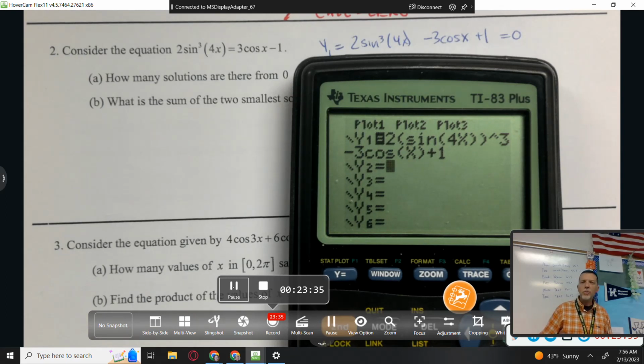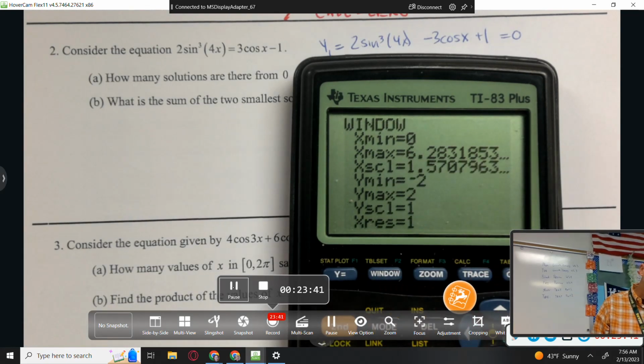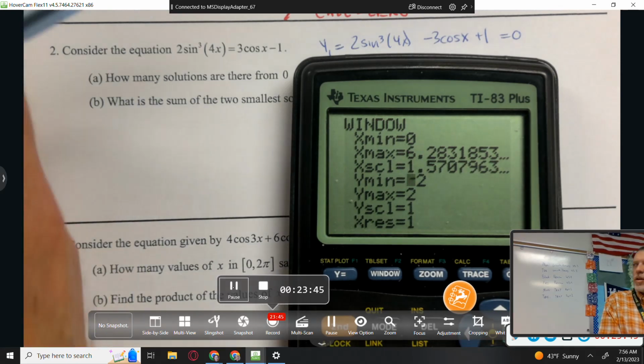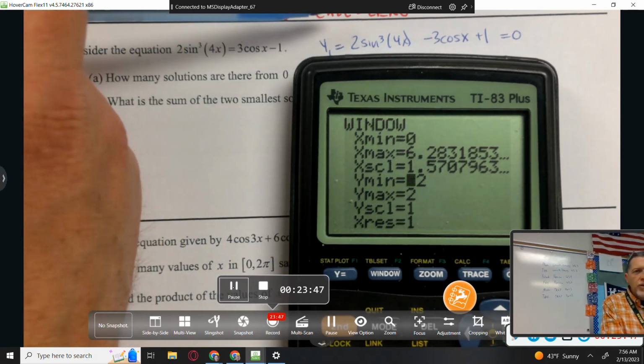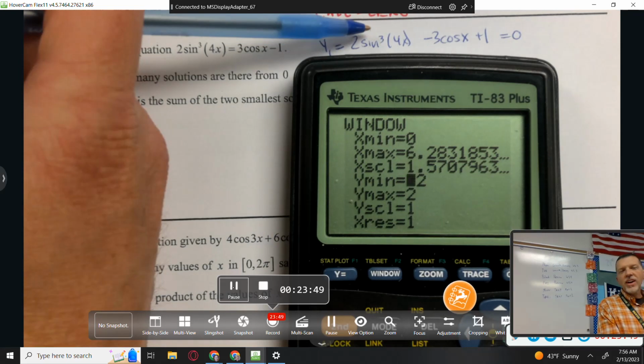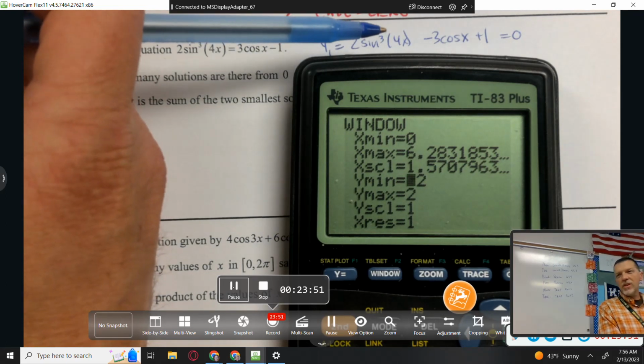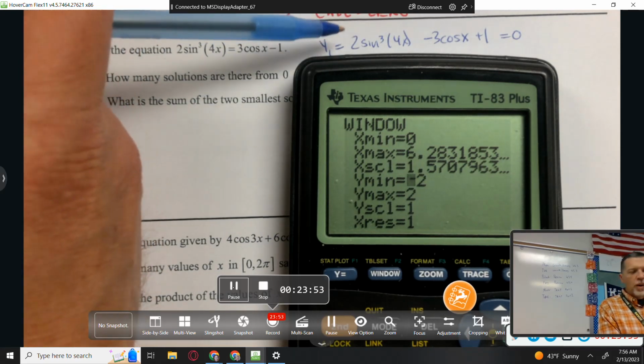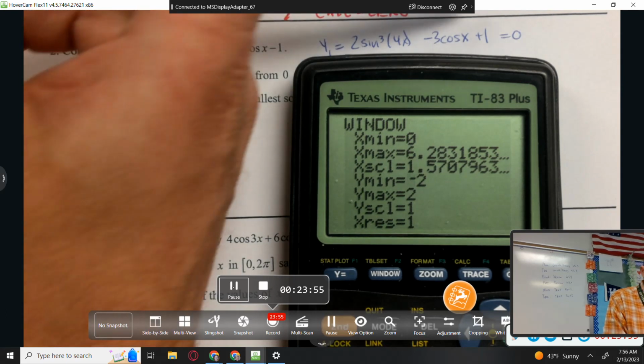If you want a good window, do you know what a good y window might be? So we're going 0 to 2 pi, but the y window, like sines and cosines are always between -1 and 1. So the most this could possibly be is 2 plus 3 plus 1 is 6.